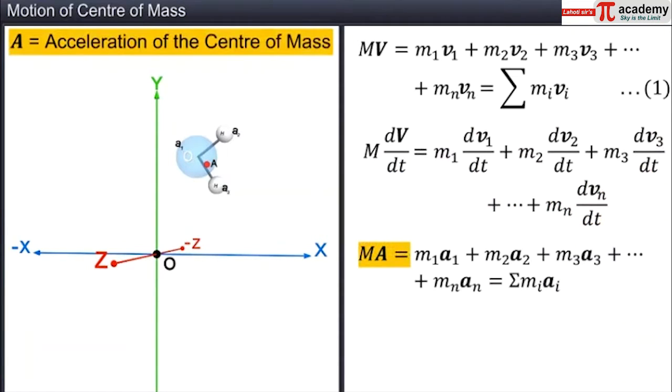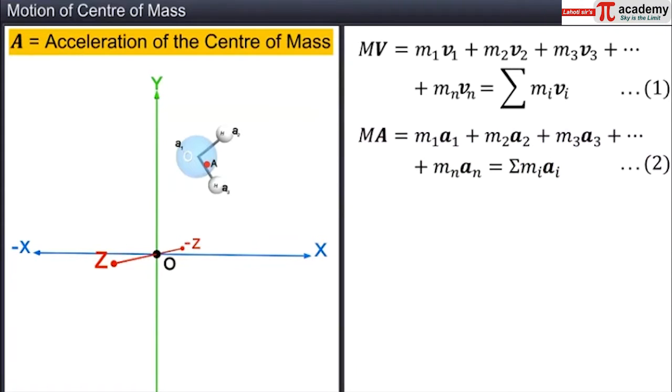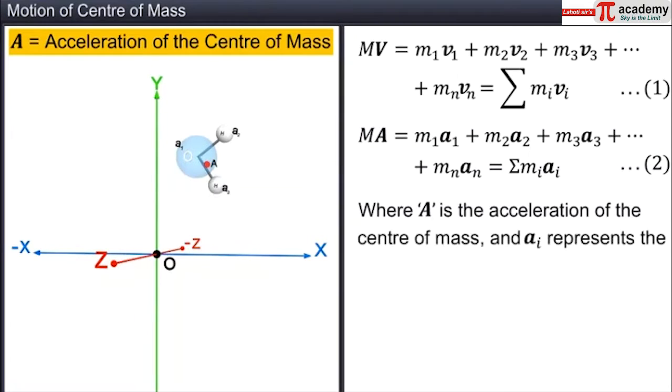Ma is equal to m1 a1 plus m2 a2 plus m3 a3 and so on, plus mn an, which is equal to sigma of mi ai. Let this be equation 2, where a is the acceleration of the center of mass and ai represents the acceleration of the ith particle.